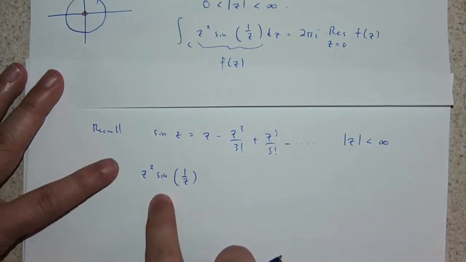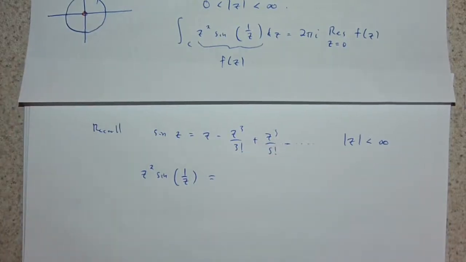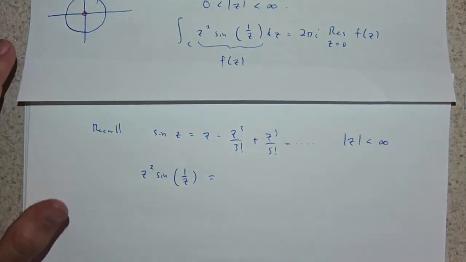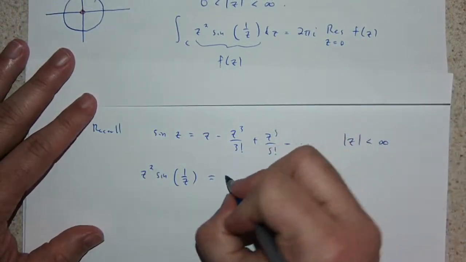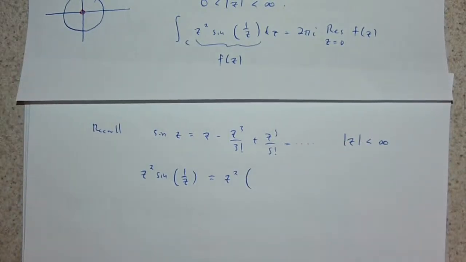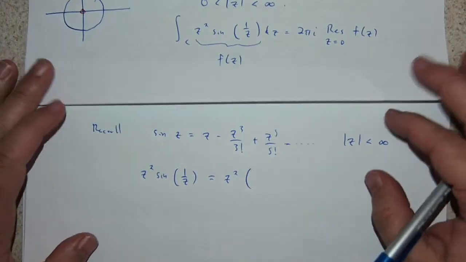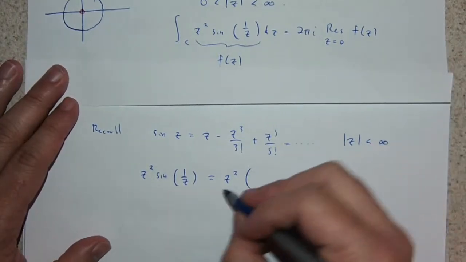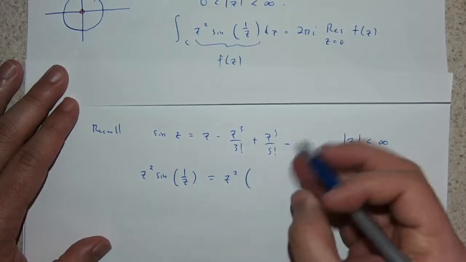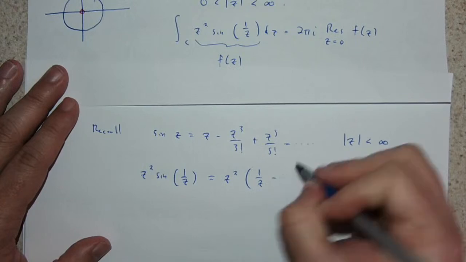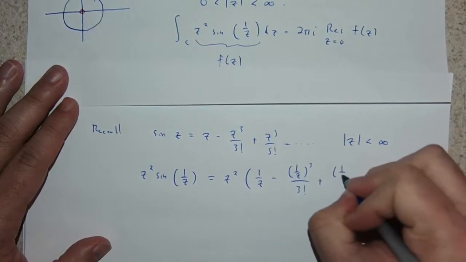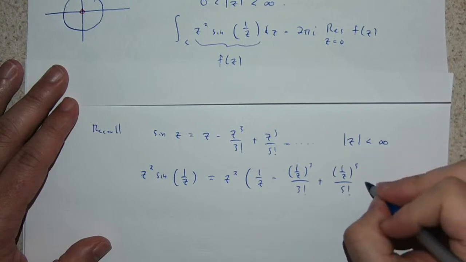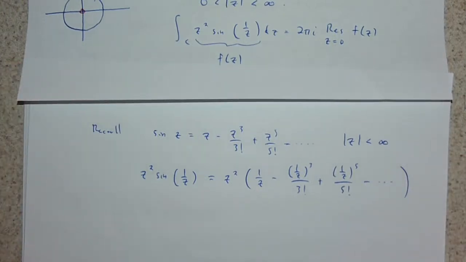So replacing z with 1 over z, we get z squared times, and we can do this nicely because of convergence properties that we mentioned previously, 1 over z minus 1 over z cubed times 3 factorial plus 1 over z to the 5th times 5 factorial and so on. So it looks like that.